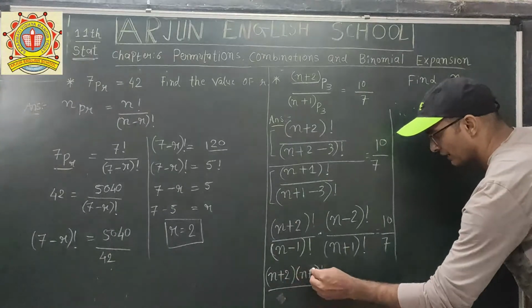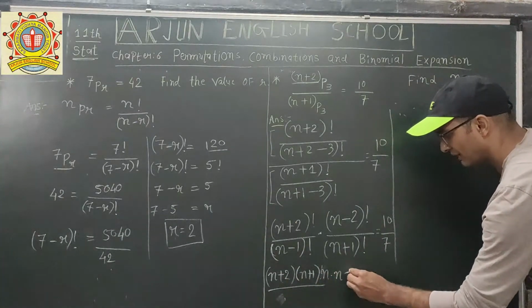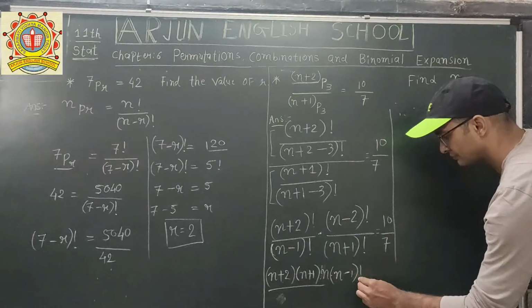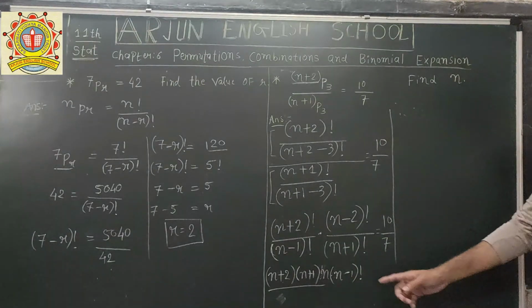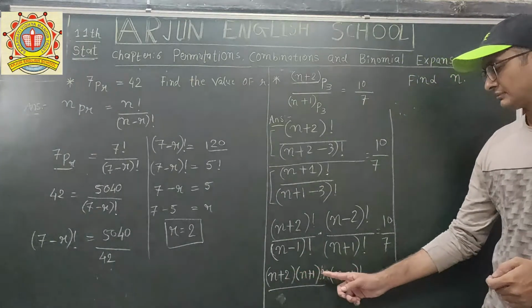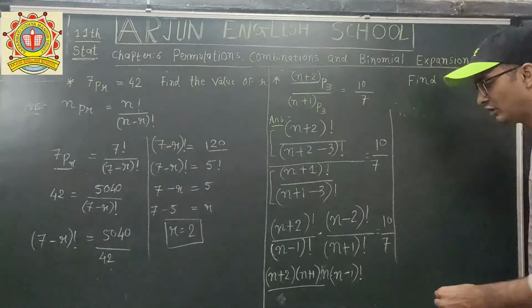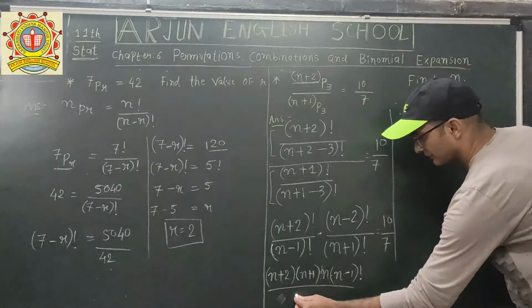So n plus 2, n plus 1, and (n minus 1) factorial. Got it? Here first of all n plus 2, n plus 1, then n minus 1. Because in the denominator it is n minus 1, stop here.